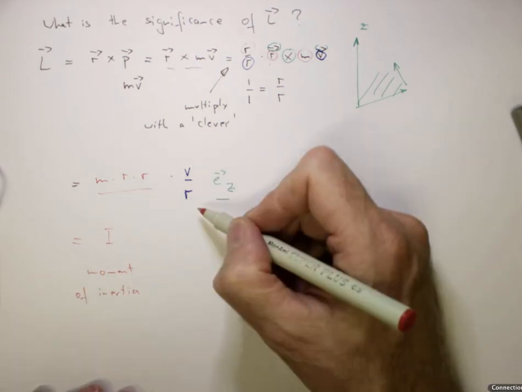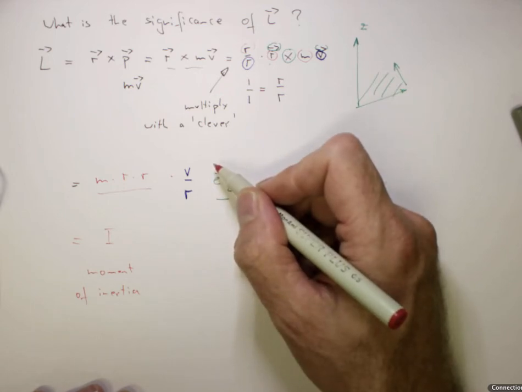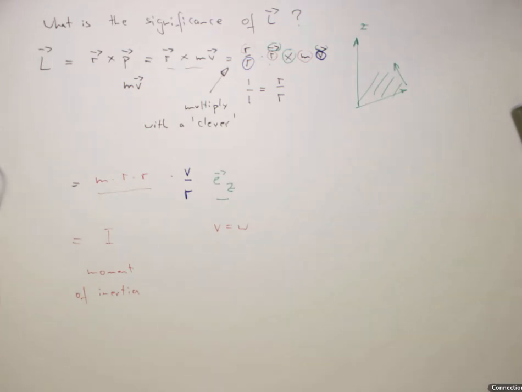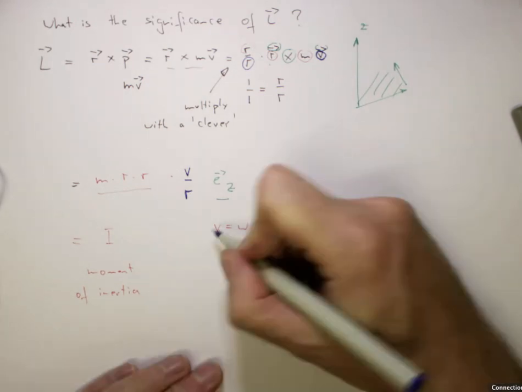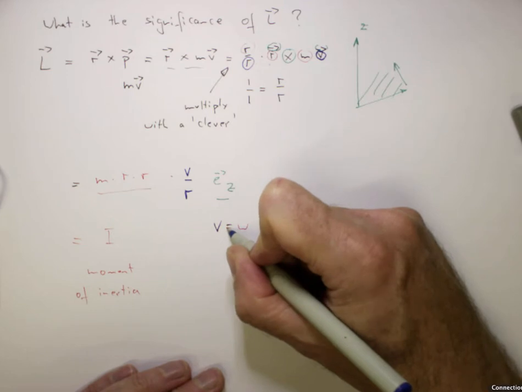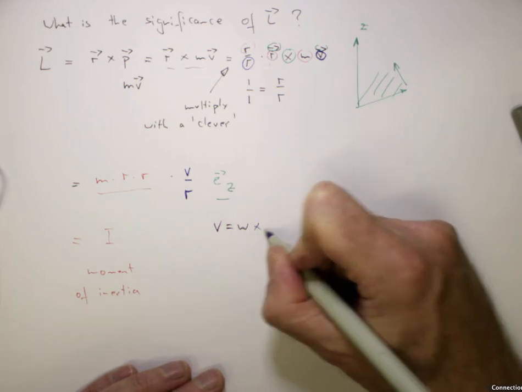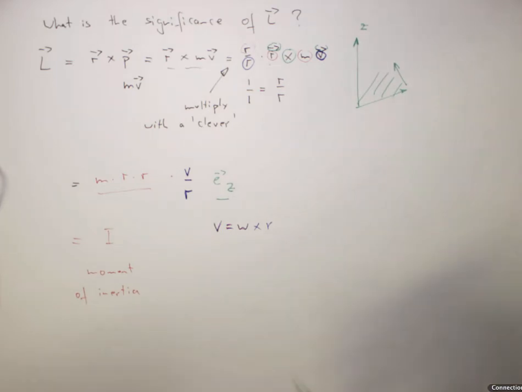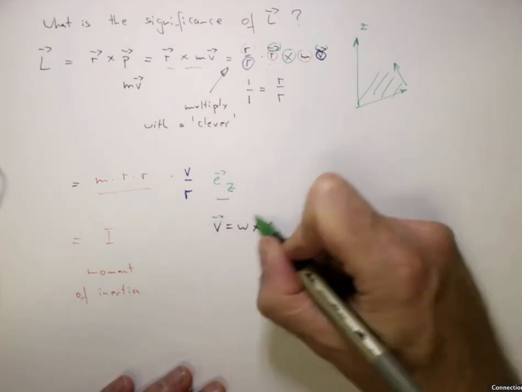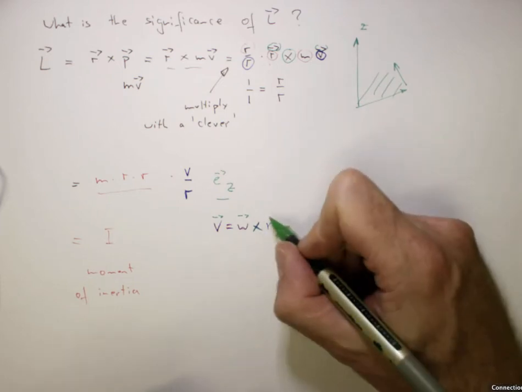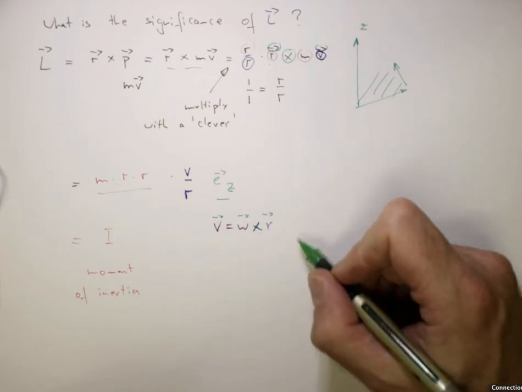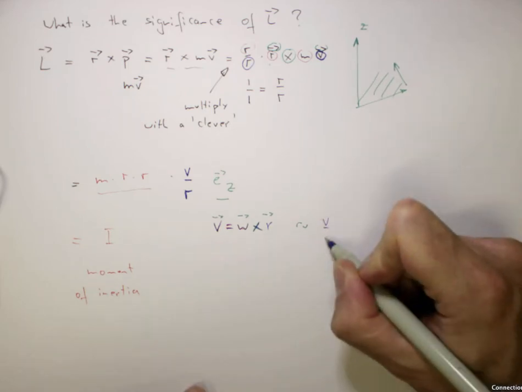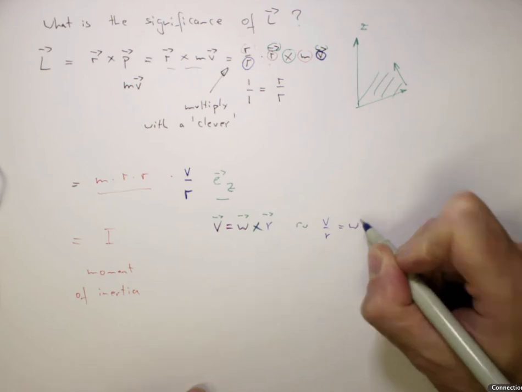And v on r, pointing in the z direction, should be in blue. v is equal to omega cross r. Everything vector has to be green. So we know v is the cross product of omega cross r. Therefore v on r in magnitude is equal to omega.